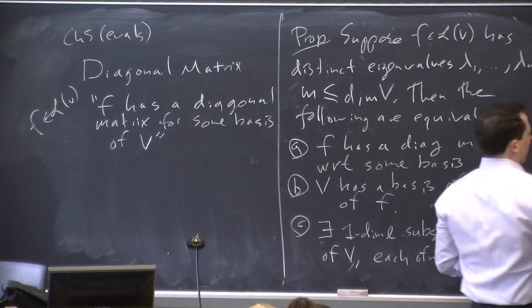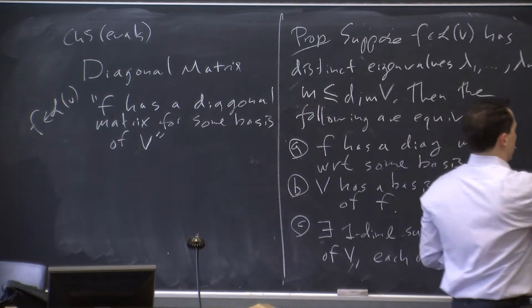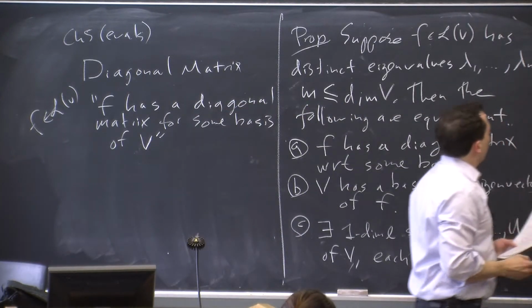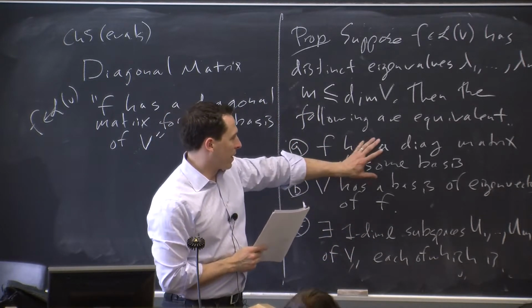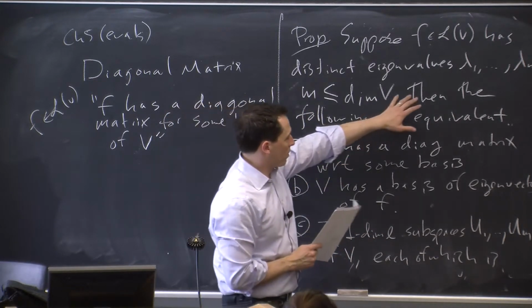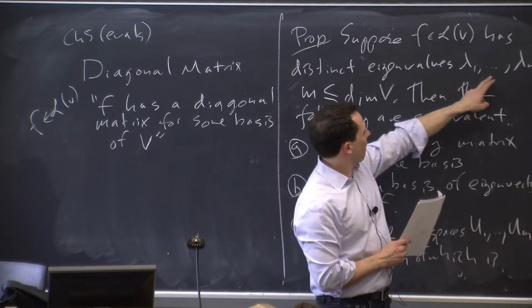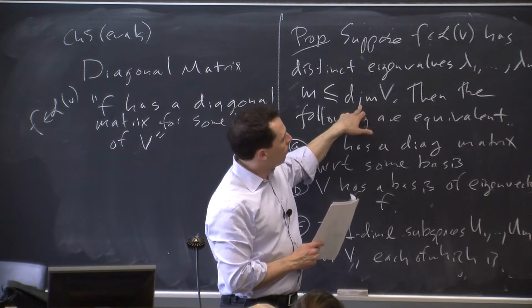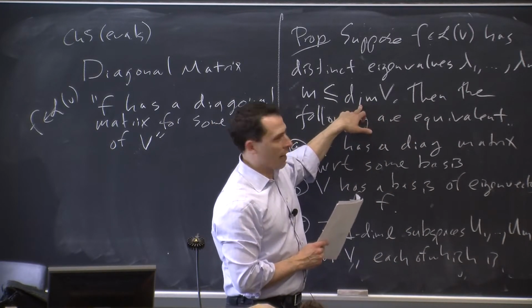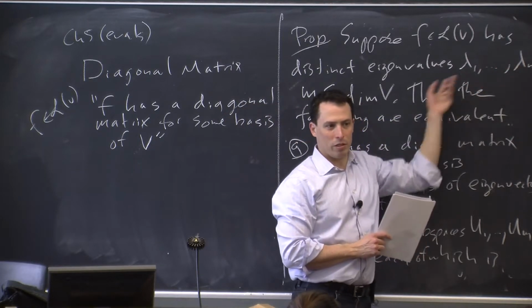Now here's something that's even less basis dependent, but turns out to be equivalent. So suppose I have this basis of eigenvectors. There are some number of eigenvalues lambda 1 up to lambda m. This little m is smaller than the dimension of V. So by the pigeonhole principle, some of the eigenvectors are going to have to correspond to the same eigenvalue if m is strictly less than the dimension.